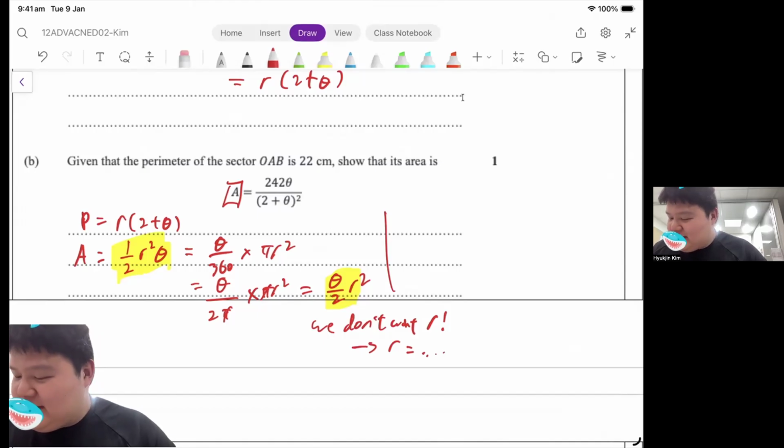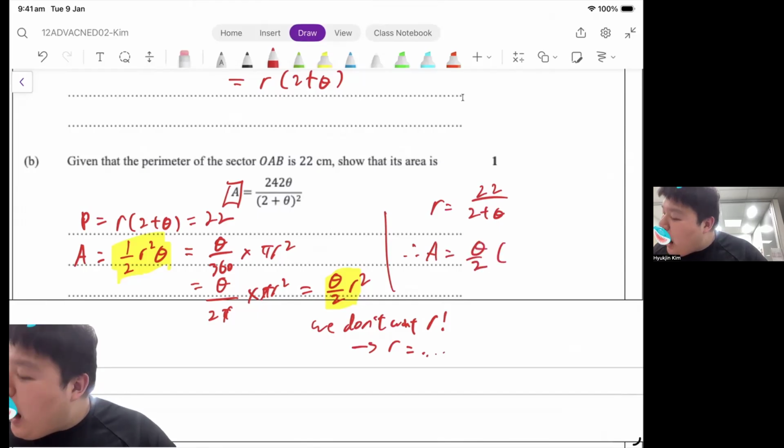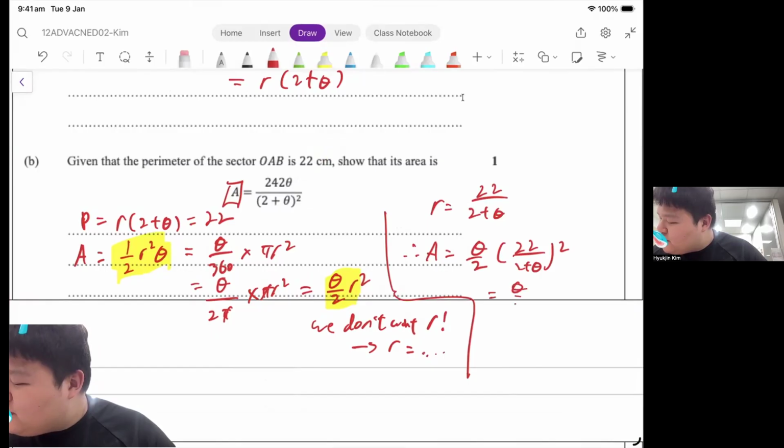So since that equals 22, that means r equals 22 over 2 plus theta. That means area equals theta over 2 bracket r. And then you get theta over 2 times 22 over 2 plus theta, squared.